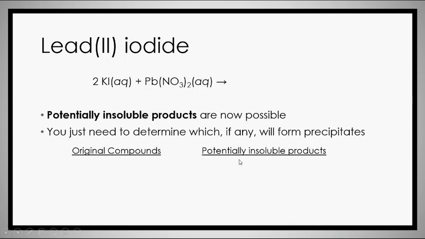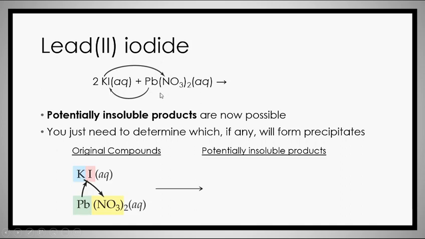So this is where we get the term double displacement. And so whenever you have a reaction in this case, basically the only option you have is to swap your partners. And so here, your potassium from the potassium iodide is going to go over here and react with this nitrate from the lead 2 nitrate. And the lead 2 plus from your lead 2 nitrate is going to go over and interact with the iodide from the potassium iodide.